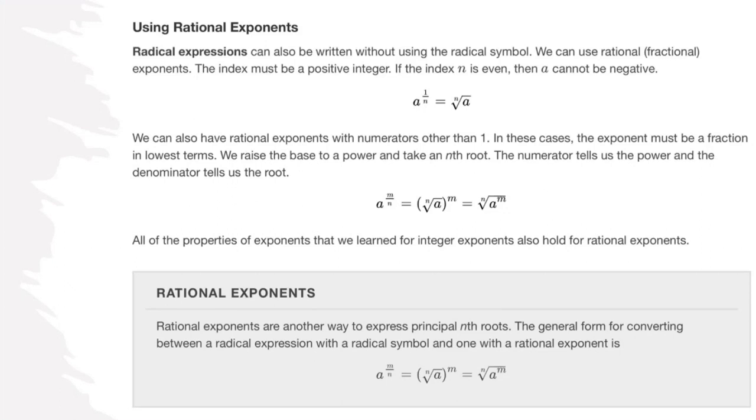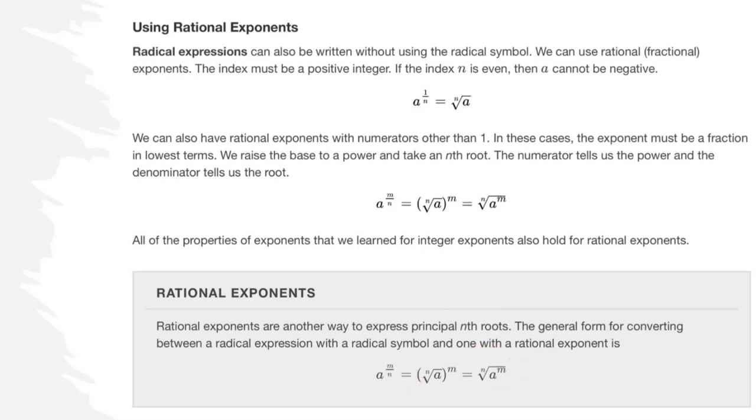The general form for converting between a radical expression with a radical symbol and one with rational exponents is given here. You see where we have a to the power of m over n. That's the same as the nth root of a to the power of m, or the nth root of a, quantity to the power of m. Generally speaking, these two forms are the same.